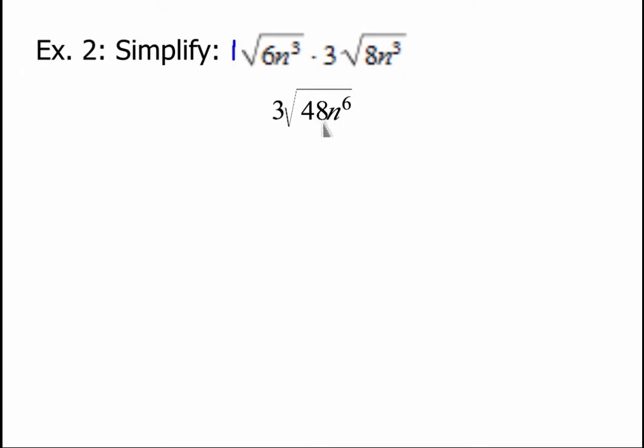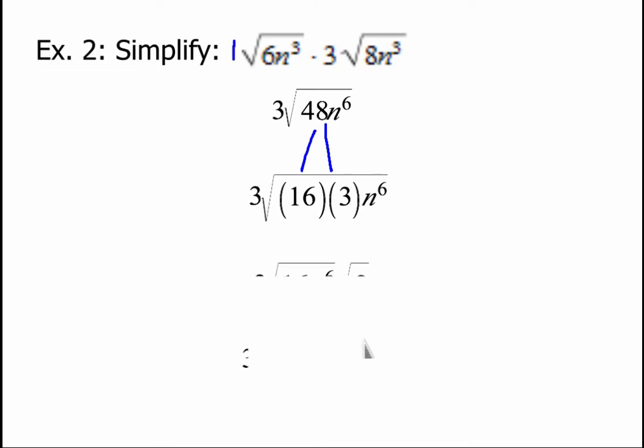Now I've got to simplify my radical inside, so I want to split this up. For 48, my biggest perfect square is 16, and its pair is 3, so 48 is 16 times 3. For n to the sixth, 6 is a multiple of 2, so it's already a perfect square.